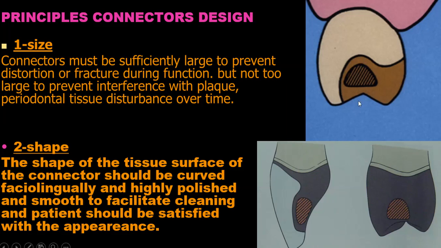The shape of tissue surface of the connector should be curved faciolingually, and highly polished and smooth to facilitate cleaning, and patient should be satisfied with the appearance. Okay, هذا الشيب. وقلنا السايز مو كل not very large، لكن يكون large to prevent distortion or fracture.